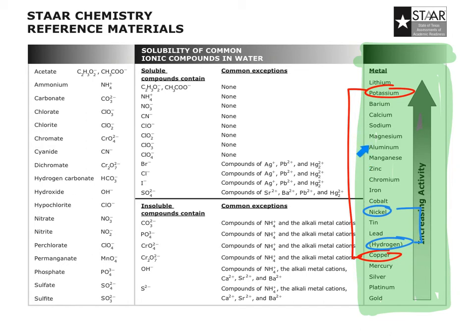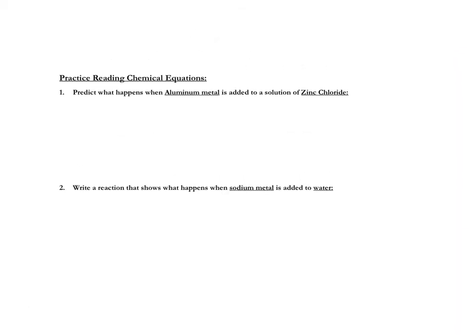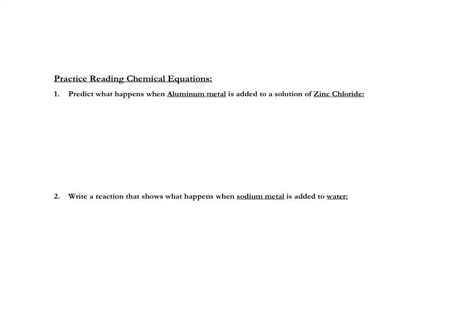Here's zinc. Aluminum is higher up on the list than zinc, so this reacts. So find sodium on the list. Here's sodium. And hydrogen is down here. So sodium is higher up on the list than hydrogen.